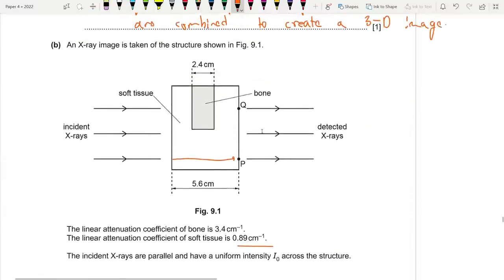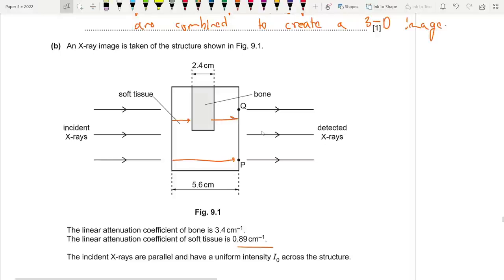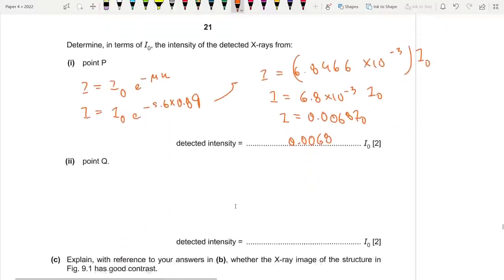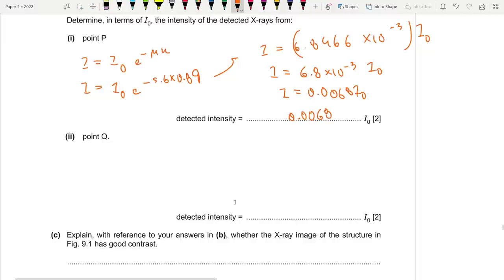Now what about point Q? Here we're passing through soft tissue as well as bone. So if bone is 2.4 centimeters, 5.6 minus 2.4, that's 3.2 centimeters of soft tissue. Okay, so for bone it's 3.4 per centimeter. For two media, it's going to be multiplied. Okay, that's how it happens.